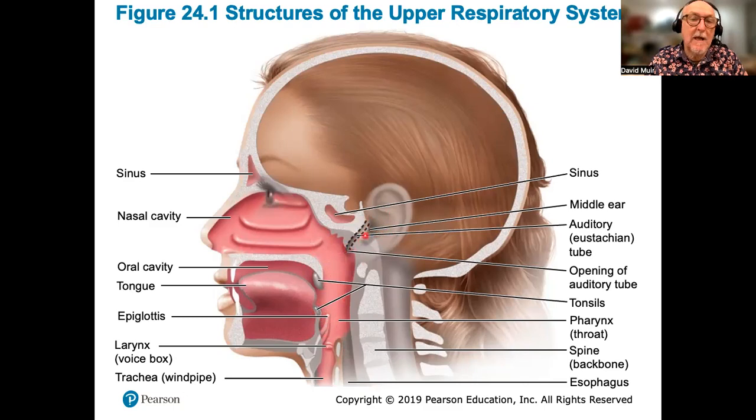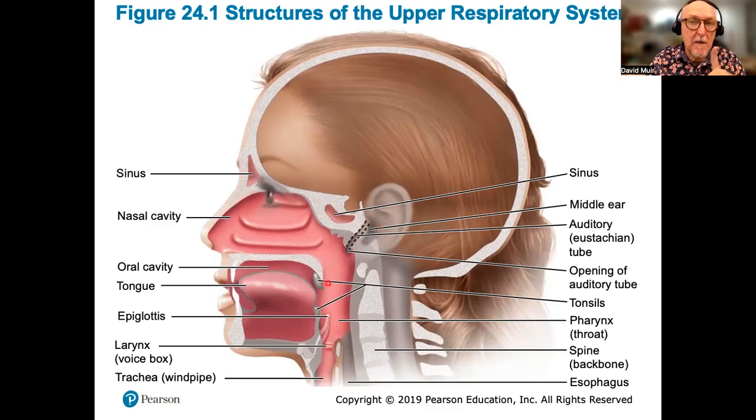And that's to allow us to equalize atmospheric pressure between the two, because the middle ear is filled with air. It's lined again with ciliated epithelium, but it needs to have a mechanism to equalize pressure. This is probably familiar to any of you who've taken a plane flight.